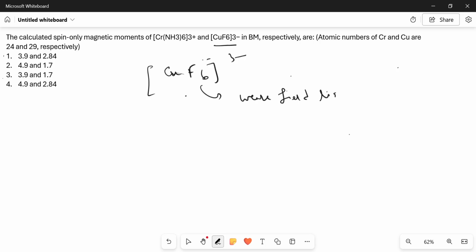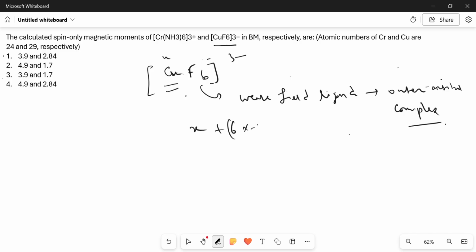A strong field ligand forms an inner orbital complex, and a weak field ligand forms an outer orbital complex, meaning an outer d orbital complex. First find the oxidation state of copper. Fluoride is -1 each. If we consider it x, then x plus 6 into -1 equals -3, so x becomes 6 minus 3, that is plus 3. So copper is also in the +3 oxidation state.